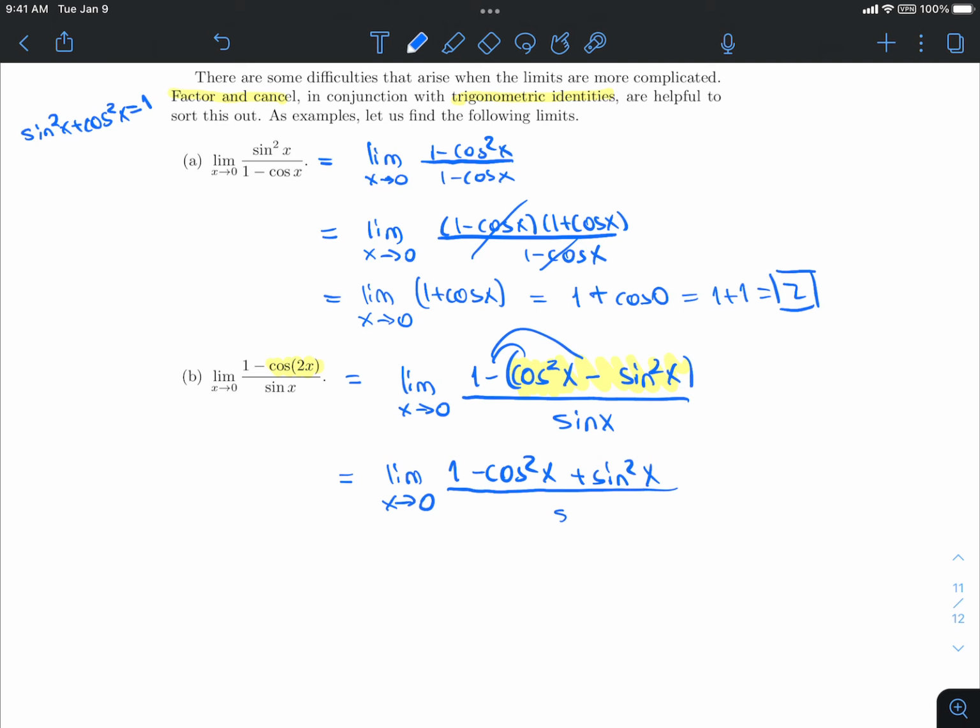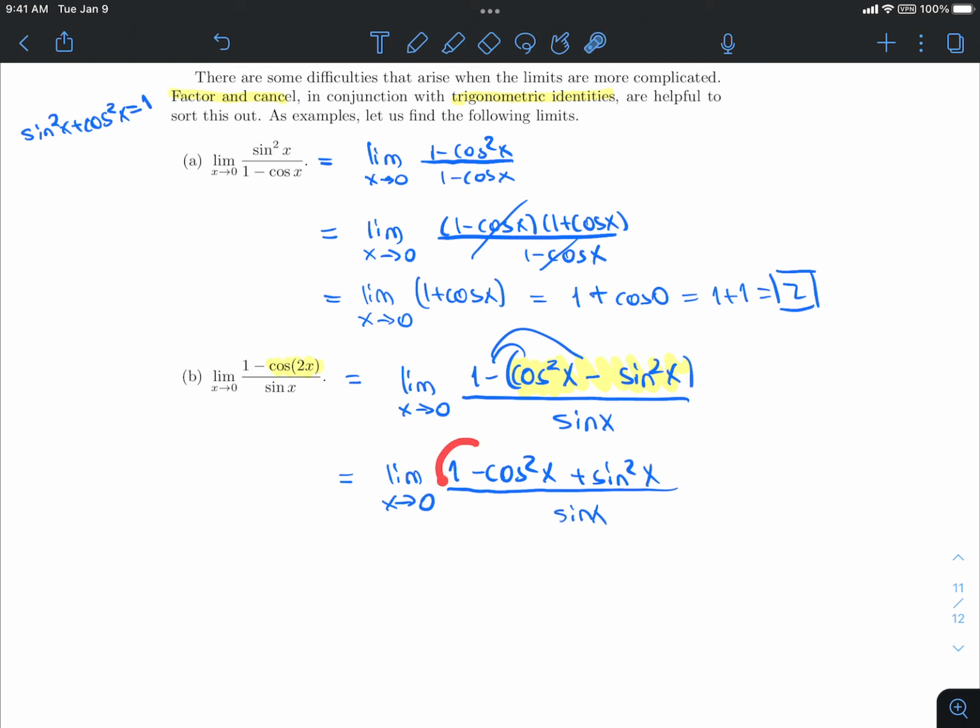Over sine x. Again, if I wanted to plug in 0, I did want to, but the sine of 0 equals 0 at the bottom there. I can't do that. So I'm going this route because I can't just plug in right now. I have to factor and cancel to then plug things in.